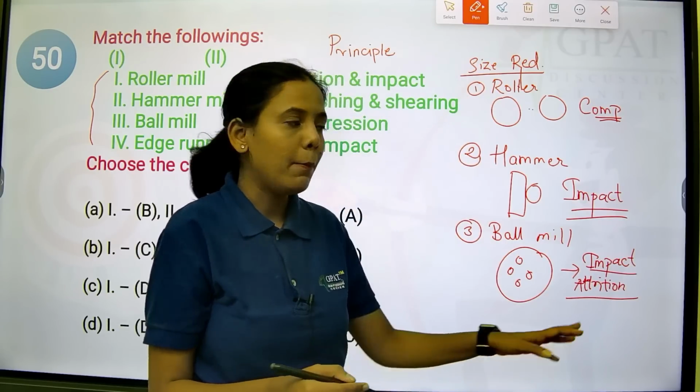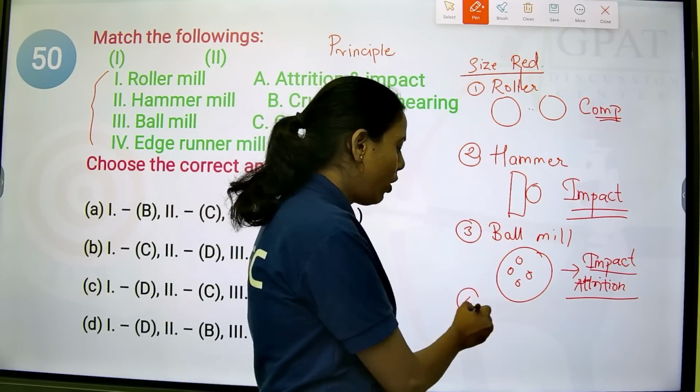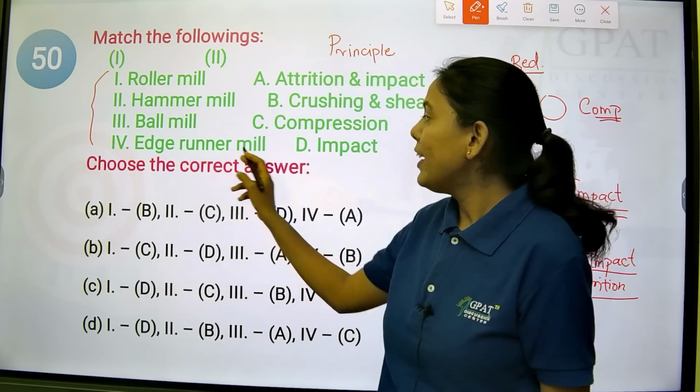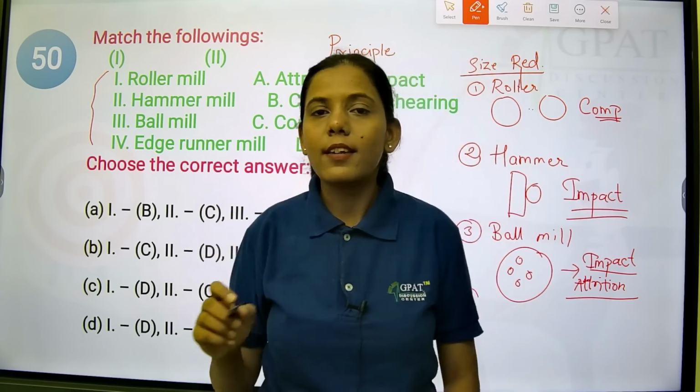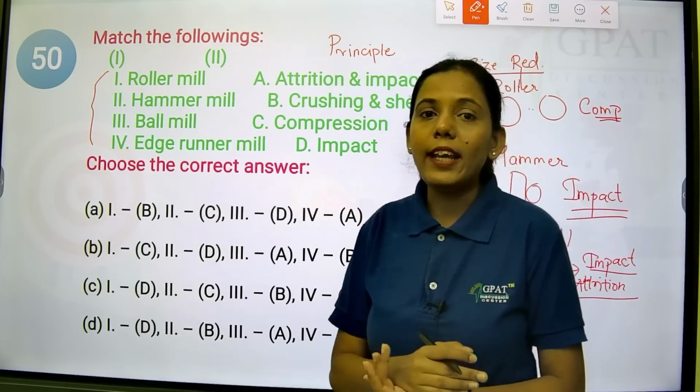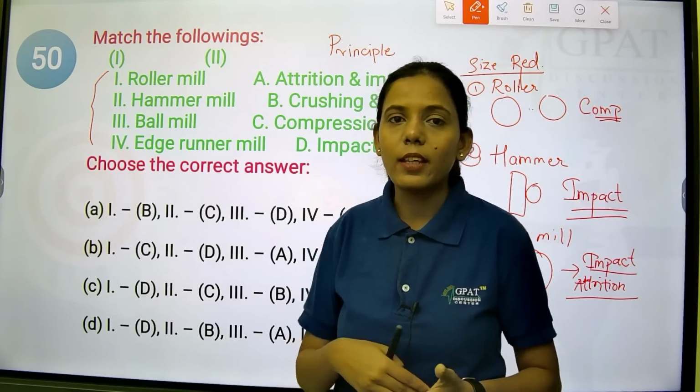So it will have both impact and attrition. The fourth one is the edge runner mill. It has a cutting action, and whenever it is cutting, it is nothing but shearing.